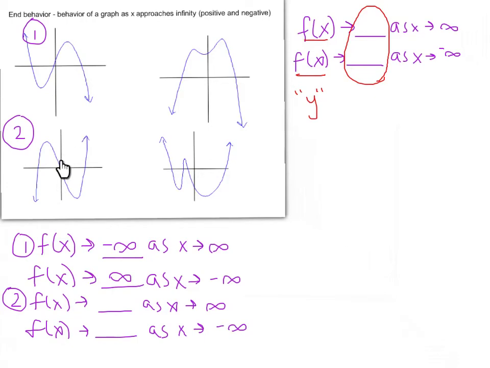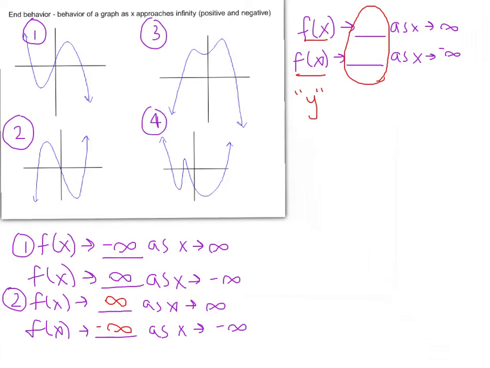So this is the positive side of the graph. Notice this graph is going up, so we're going to say that f of x approaches infinity. As x approaches negative infinity here, that's the left-hand side of this graph. Notice that that left-hand side is going down, so going down would be negative infinity. So that's end behavior.